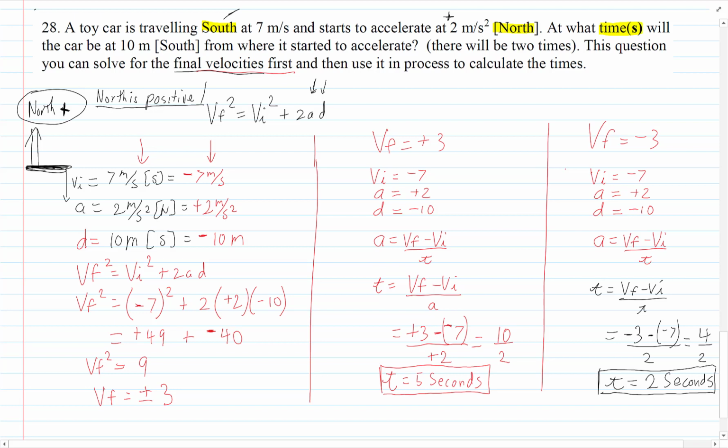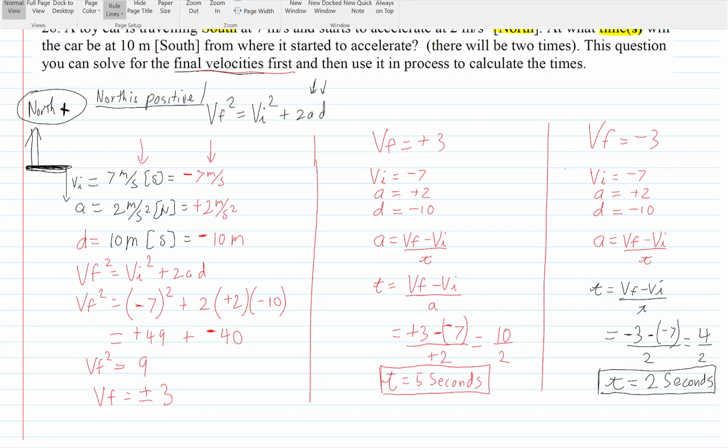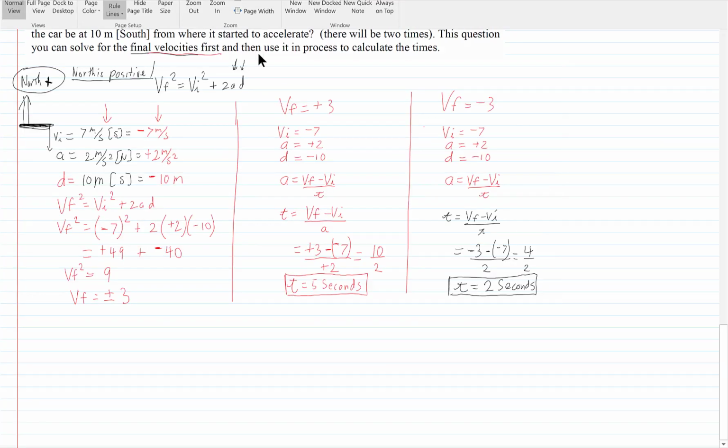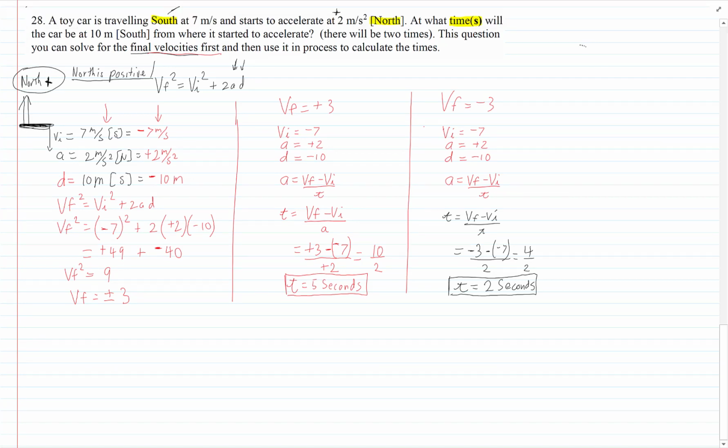So actually, maybe a chart would be better. Let's just zoom this out a tiny bit. We have your location and your velocities and your times. So at time 0, your velocity is negative 7. And then at time 1, it'll be negative 5. At time 2, it'll be negative 3.